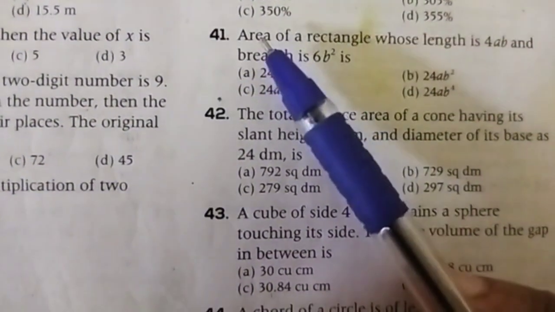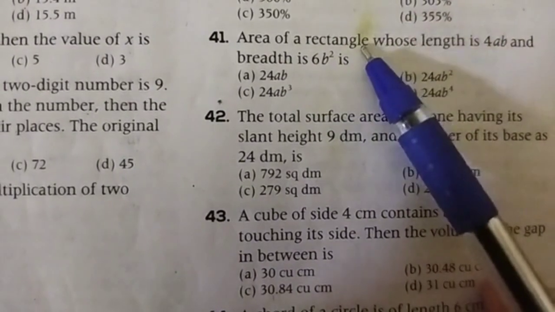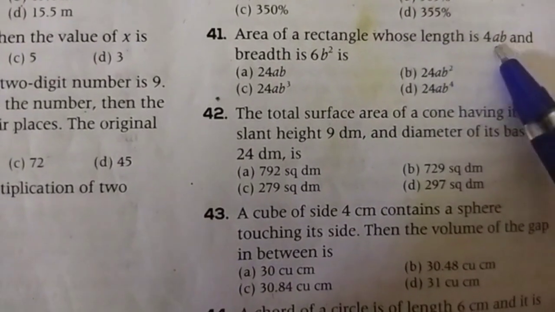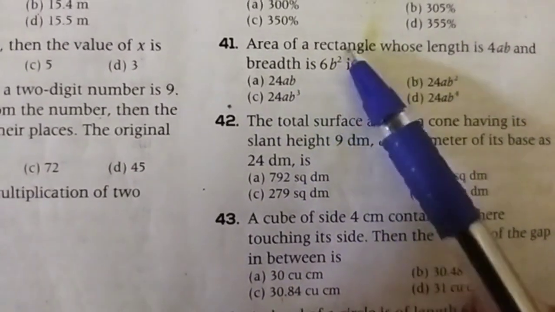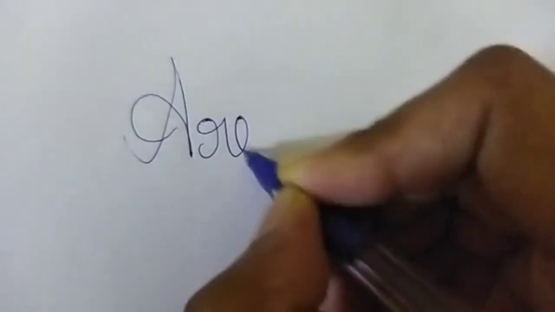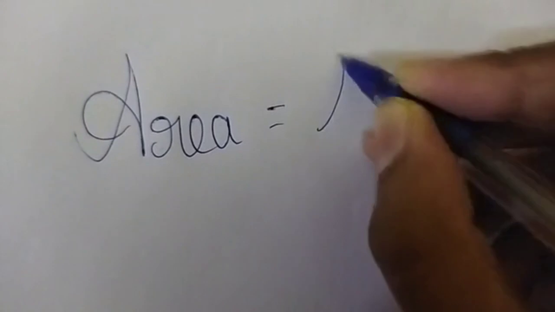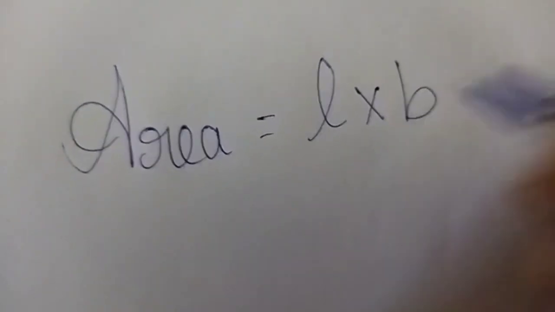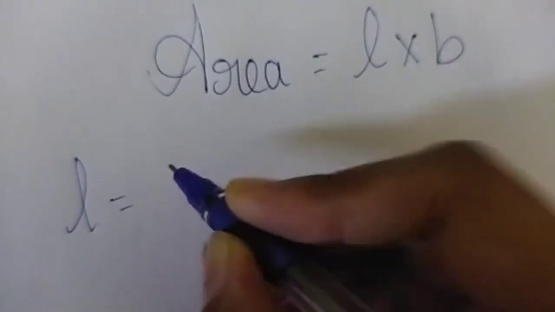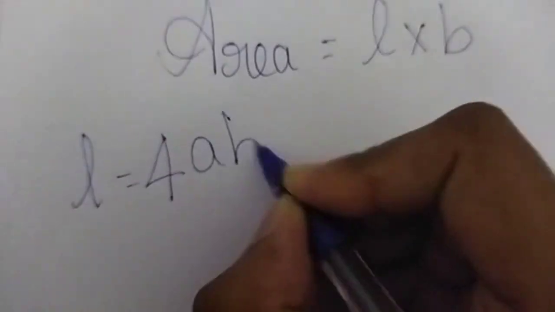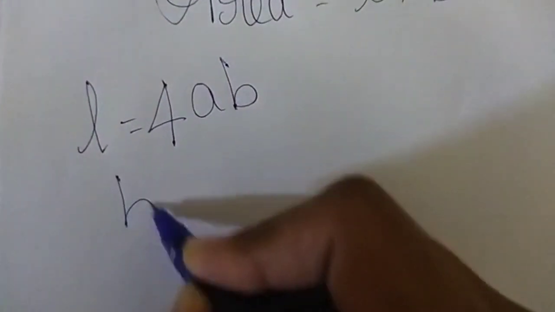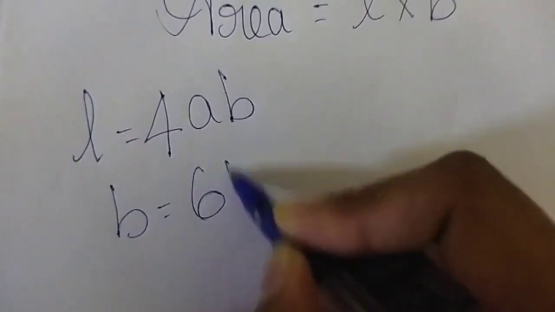Okay, look at sum number 41. Area of a rectangle whose length is 4ab and breadth is 6b square is. What is the formula for area of a rectangle? Area of a rectangle is equal to length into breadth. Here length is given as 4ab and breadth is equal to 6b square.